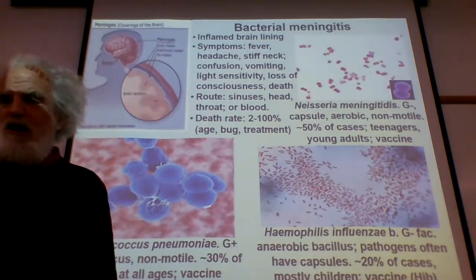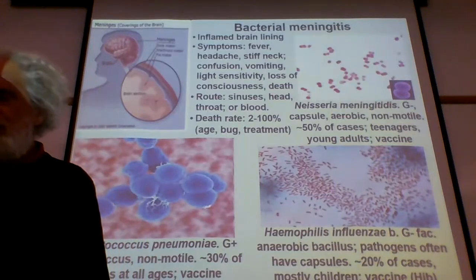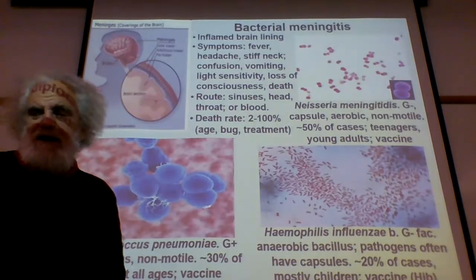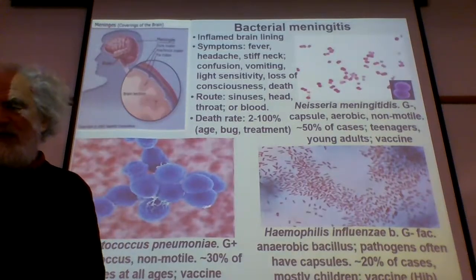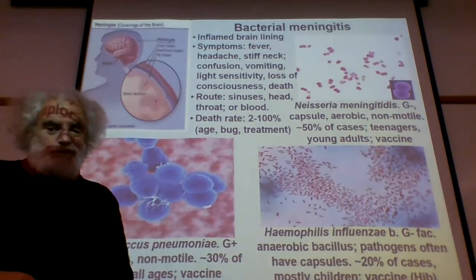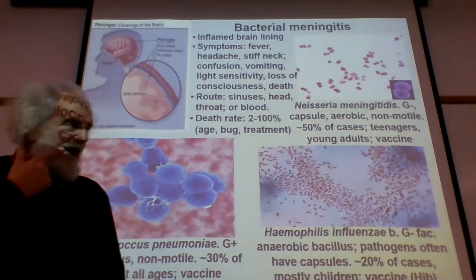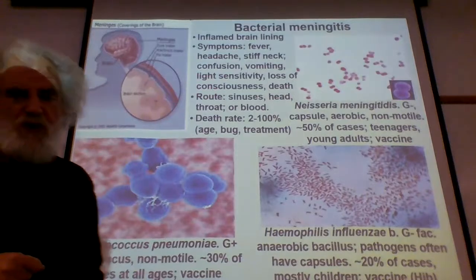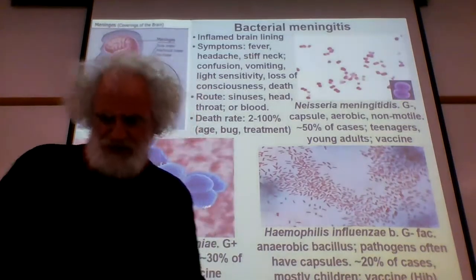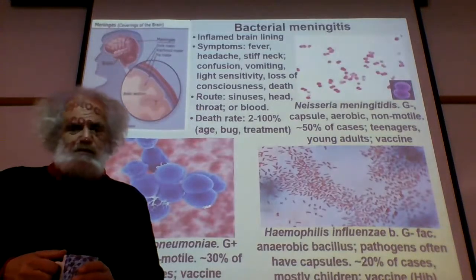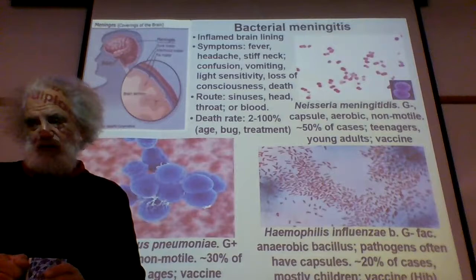It's one of the bacteria that is able to generate an inflammation in the brain, and this is a specific problem primarily for teenagers and young adults. Happily, we have a vaccine, and probably you have all been vaccinated against it. It's not all that common, but it is quite deadly, so having a vaccine for it is really nice.